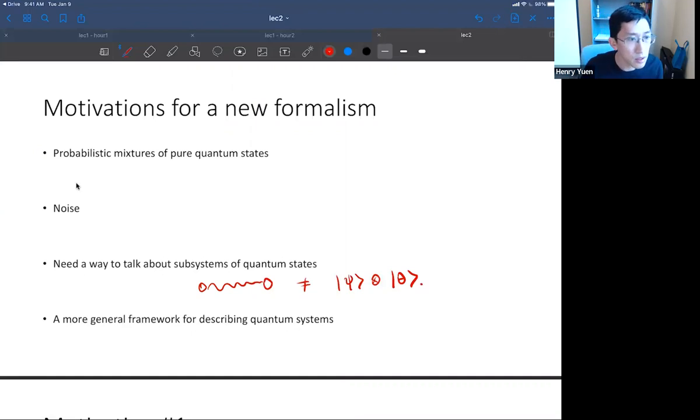I see we have a question. Rockwell is asking, do we generally have the ability to measure in any basis we want? Theoretically, yes, but practically, no. If you had unlimited resources, then there is some change of basis you can perform on your quantum system to measure in that basis.